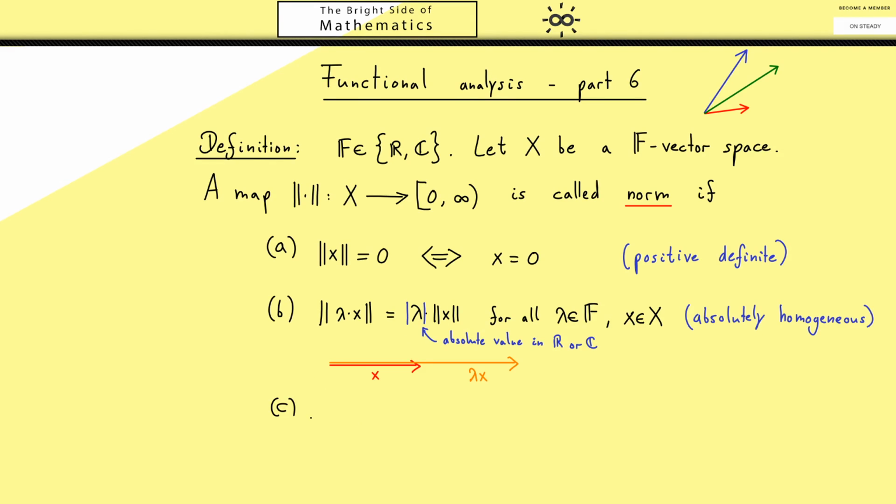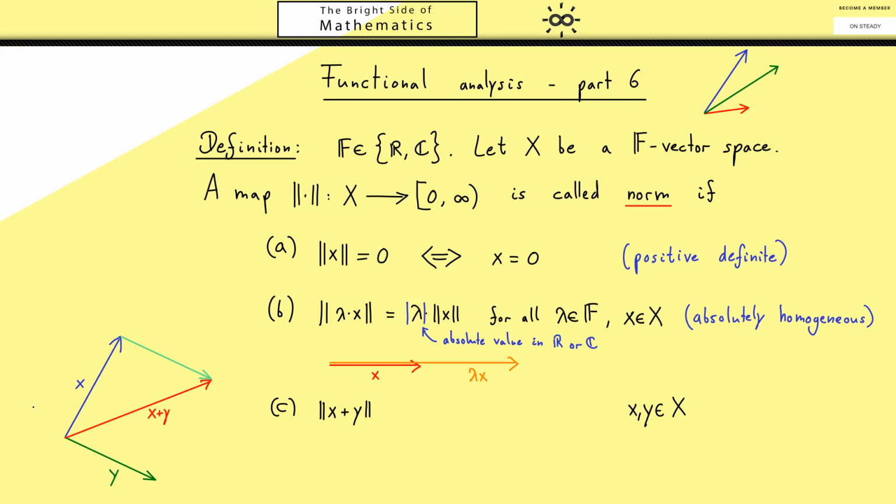Okay, so we are in a vector space. We have 2 operations, the scalar multiplication we had in B, and now in C we have to explain what happens under the addition. So let's look at 2 vectors x and y. You already know how to visualize the addition in a vector space. You just put the 2 arrows together to get out a sum.